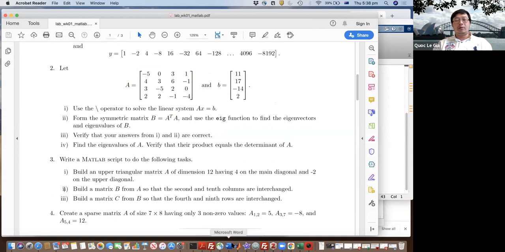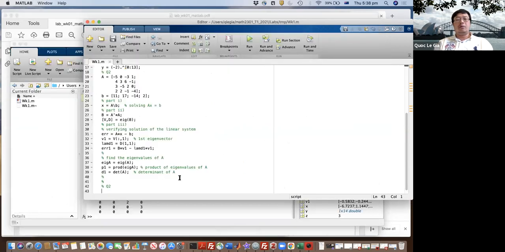So 4 times ones(1, 12). So this one is the diagonal part.